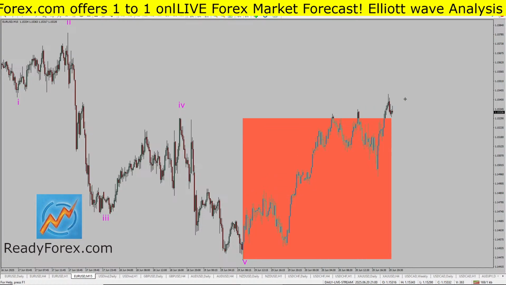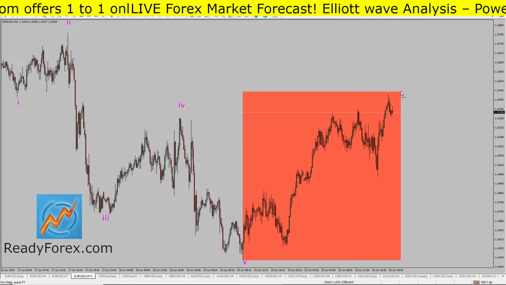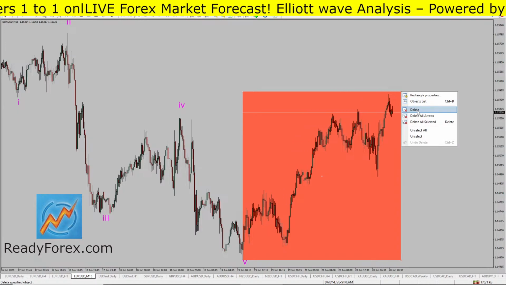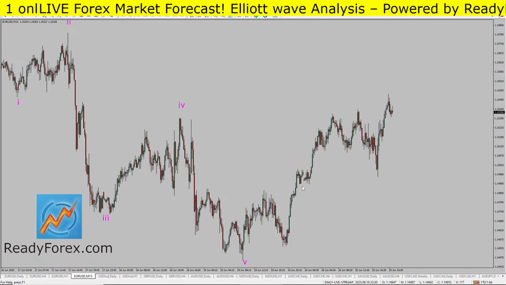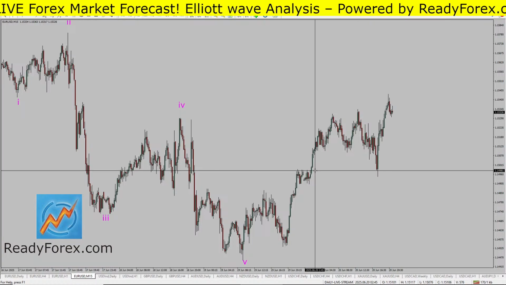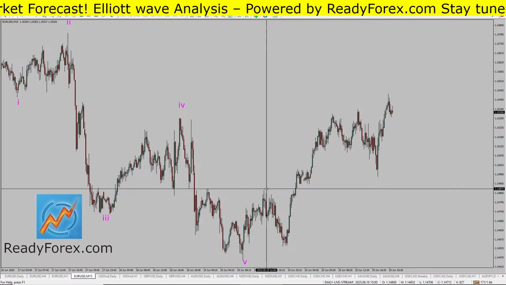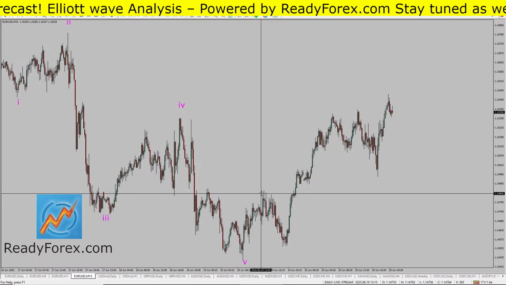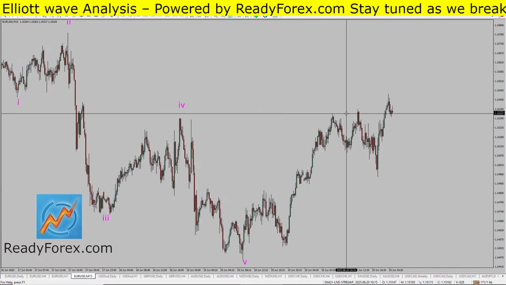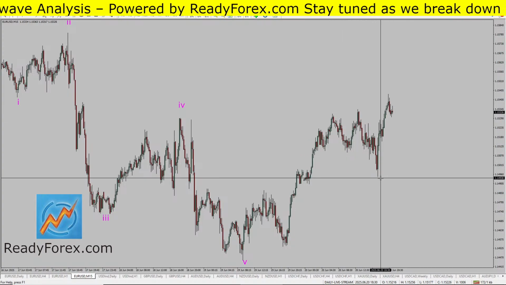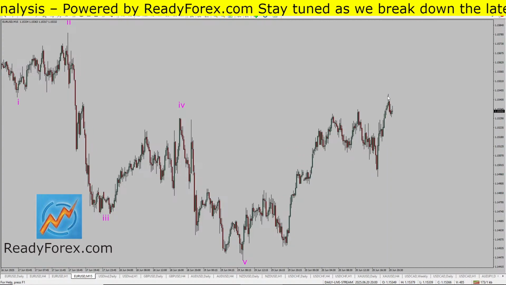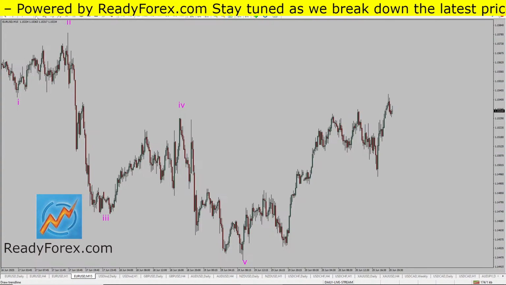Now I'm going to look at the right hand side of the chart. This price action over here that you see right now also shows characteristics of an impulse wave. We did get an overlap over here, so let's try to count it: 1, 2, probably 3, 4, and 5. Now there is a problem with this wave count.